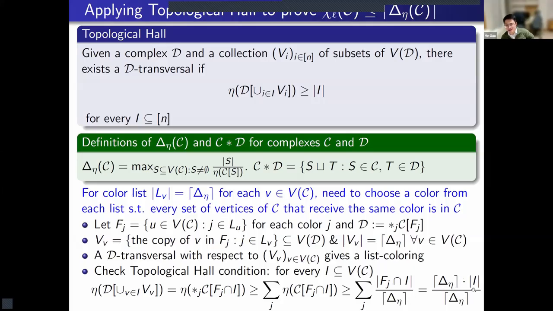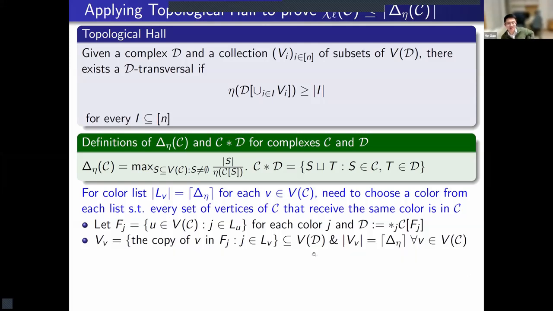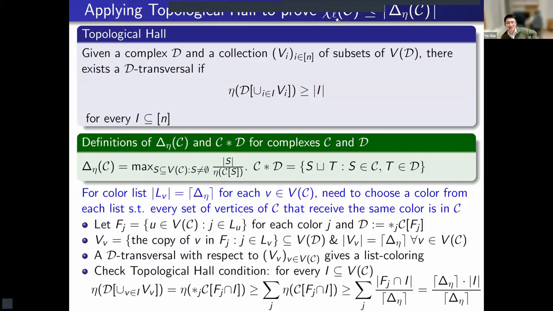And then you divide by this term, which is exactly equal to I. And we have checked that this complex D satisfies the topological Hall condition. Then we can find a D transversal, which is exactly the list coloring we look for. Therefore, we prove that the list chromatic number of C is at most the delta eta of C.